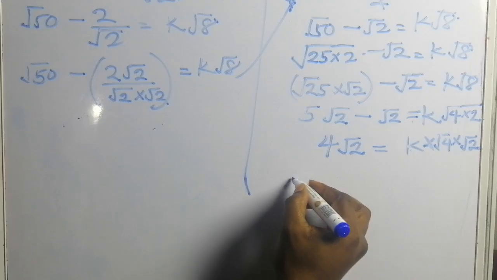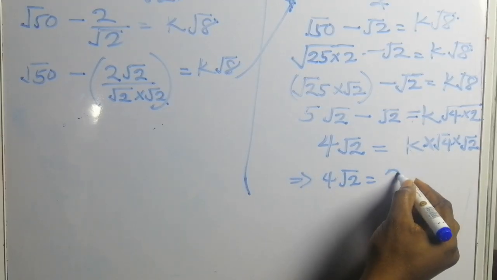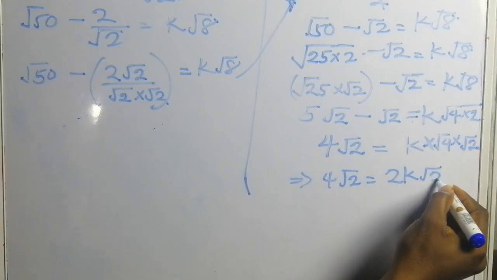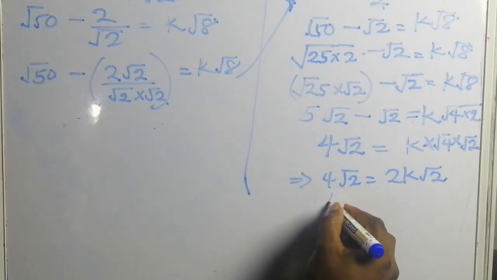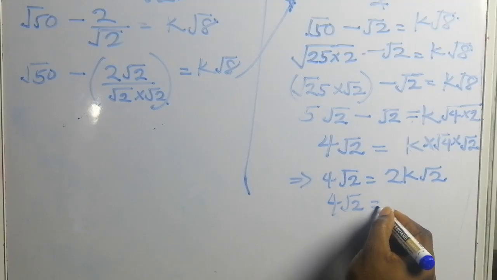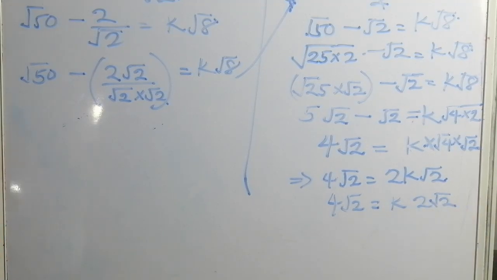So that implies I have 4 root 2. I don't want to jump step. So you have your 2k root 2. So if I want to get my k out, what do I do? I can rewrite this to be 4 root 2 equals k 2 root 2.